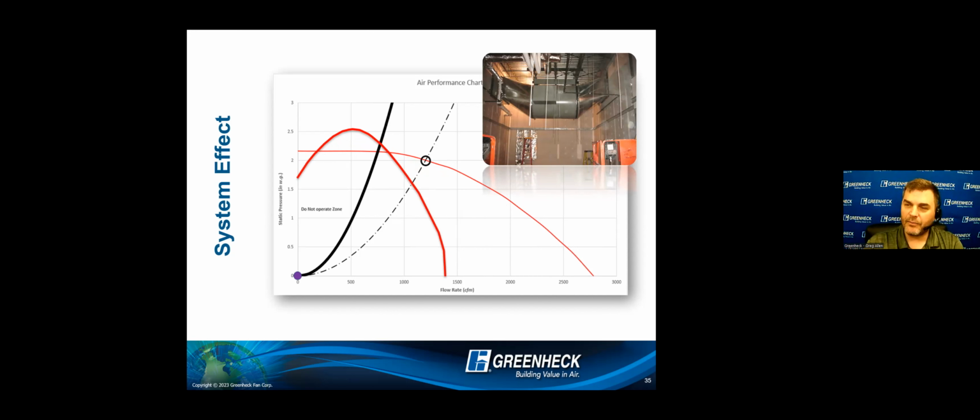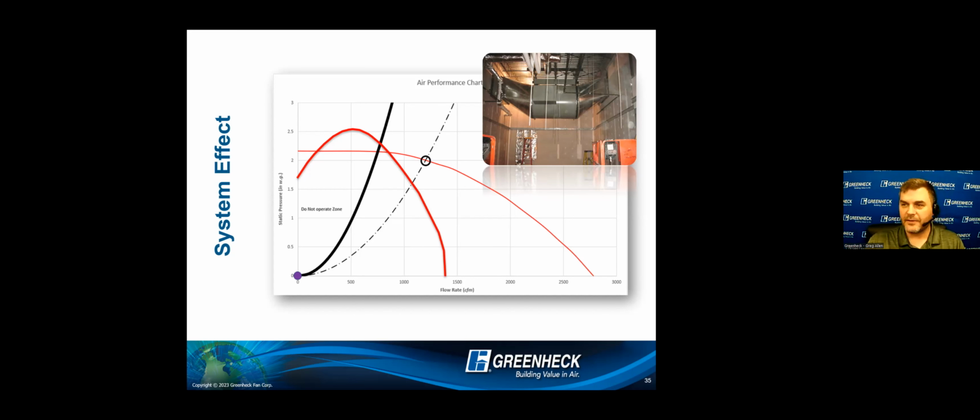Also look at, we brought up hunting, where one static pressure could hit more than one CFM point. Because of the shape of this curve, I have a lot more of those where I could have hunting. The do not operate zone is actually much bigger than the original fan, the way it was tested. So this is a good example of system effect.